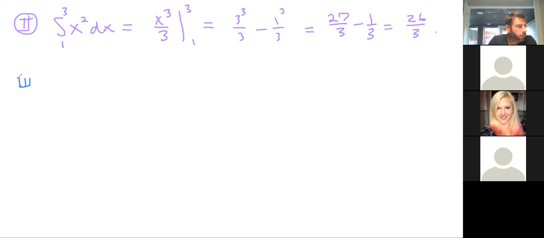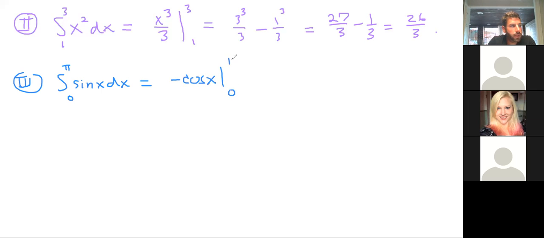What if I integrate from, say, 0 to pi of the sine of x dx? Well, what is the antiderivative of sine? So you have to ask yourself, what function out there's derivative is sine? And so the answer is negative the cosine. So how do you know that? Well, check your answer. If you differentiate negative cosine, you get positive sine.